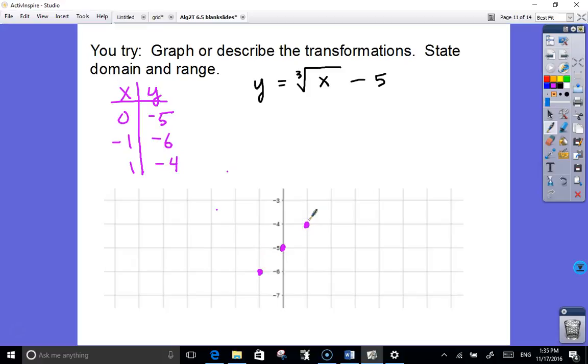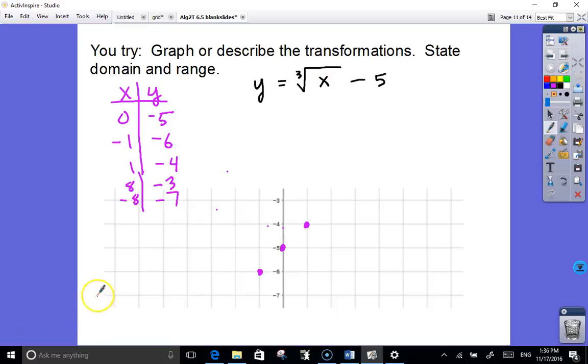If you just plot those 3 points, you could connect them with a straight line, right? But that wouldn't show you understand the shape of a cube root function. So make sure you don't do that. Right? And now this one I can almost get to 8. 8 is right over here. Right? If I did 8, then I would get the cube root of 8 is 2, minus 5 is negative 3, and put in negative 8, I'll get negative 2, negative 7.